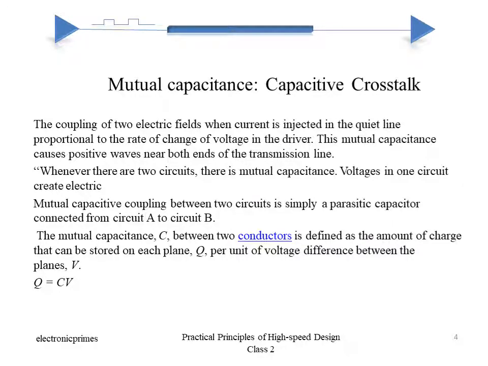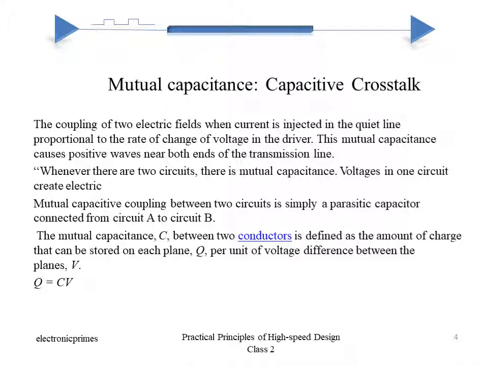Mutual capacitance, which is also called capacitive crosstalk. It is the coupling of two electric fields, where a current is injected in the coupled line proportional to the rate of change of the voltage in the driver. This mutual capacitance also causes positive waves near both ends of the transmission line. Whenever there are two circuits, there is a mutual capacitance, so a voltage in one circuit will create an electric field.